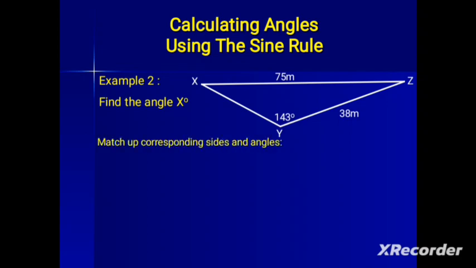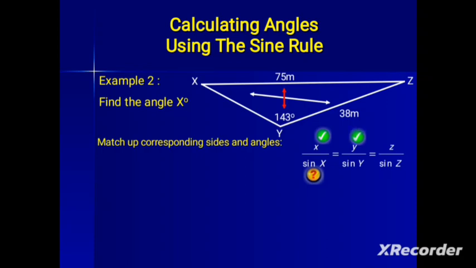So we substitute into the sine rule, and we'll be able to say that x over sine of x is equal to y over sine of y is equal to z over sine of z. You realize that because we are lacking information relating to z, we only equate those depending on the information given.